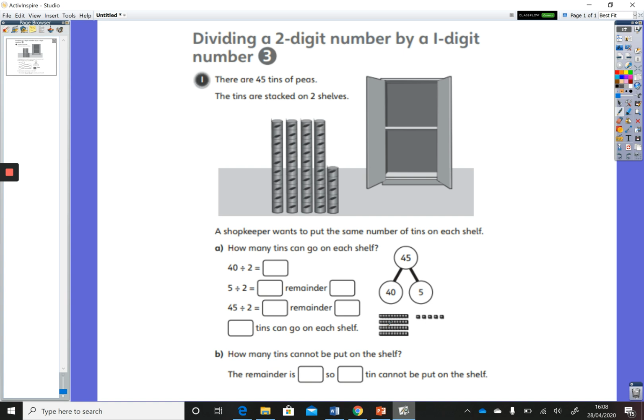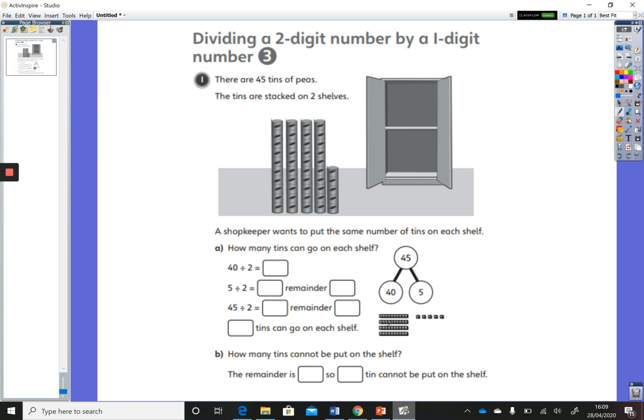And if you want to have a go, if you turn to page 33 in the Power Maths books 3B, and I'm thinking if you can, try and do pages 33, 34 and 35. This is the first question, so I was going to do the first question with you today, because I know sometimes the layout of the Power Maths books can be a little bit confusing, so I thought we'd do this one together.